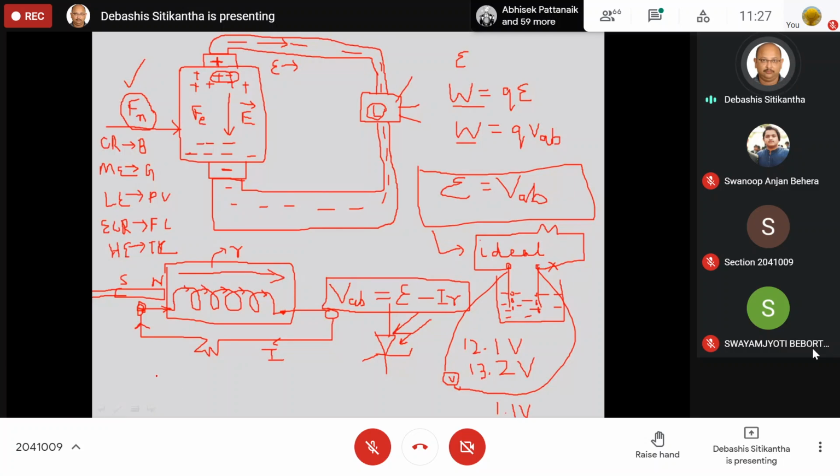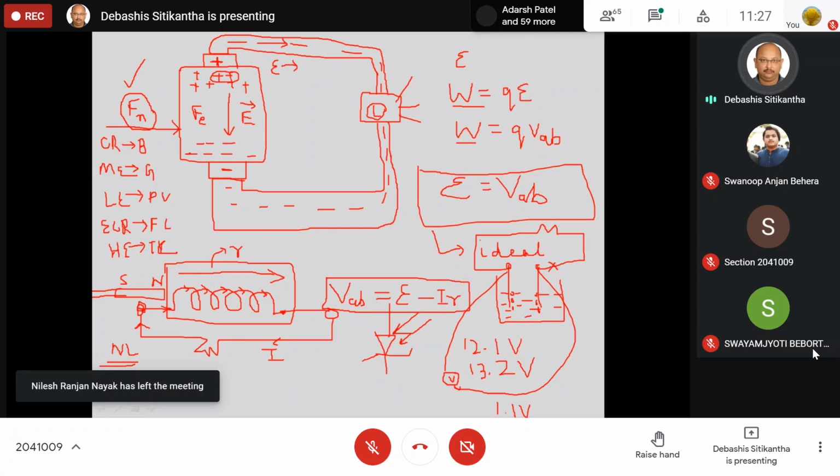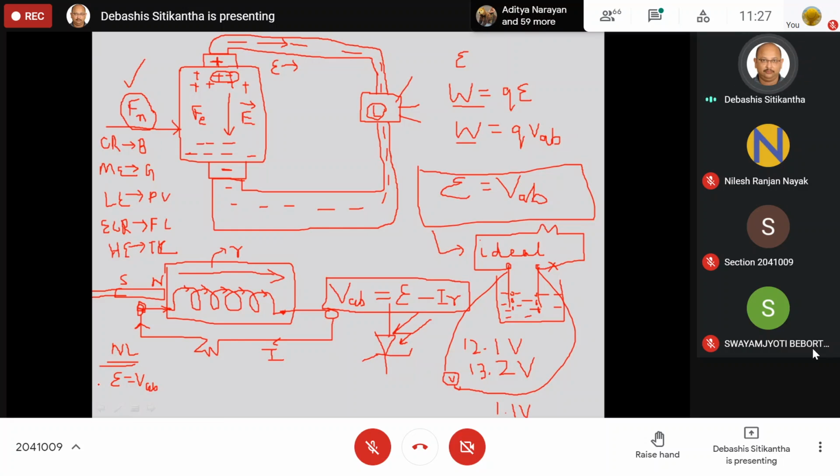But an interesting thing is that when no load is connected, in case of your ideal EMF source, E is equal to VAB. Again, in case of no load condition, even in case of your practical EMF source, or rather the real EMF source, E is equal to VAB.